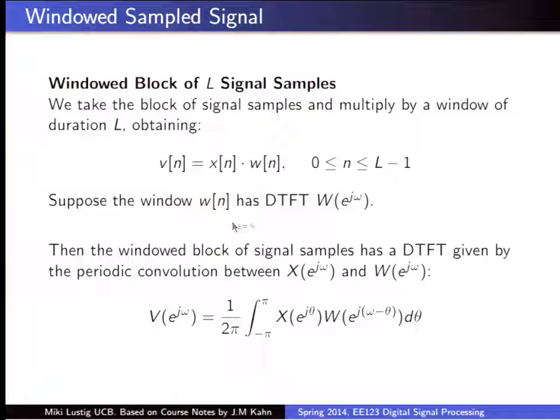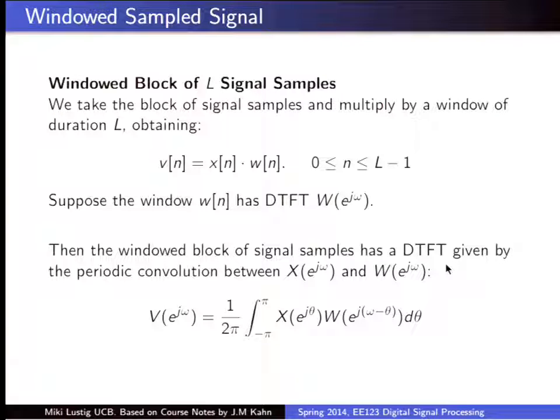But let's suppose that the window has a certain DTFT. Let's say the window has a DTFT which is W(e^{jω}). So the window block of samples has a DTFT that is given by the periodic convolution, or the circular convolution, of X(e^{jω}) and W(e^{jω}). Okay? So we have to compute the convolution in order to see this.